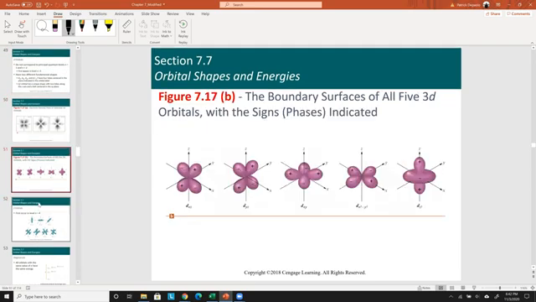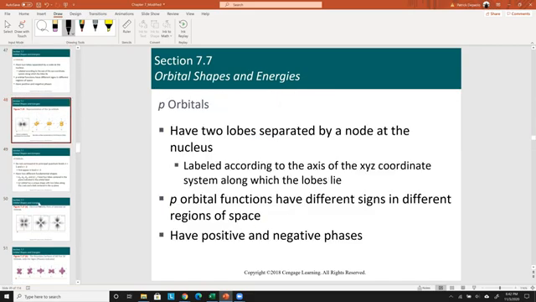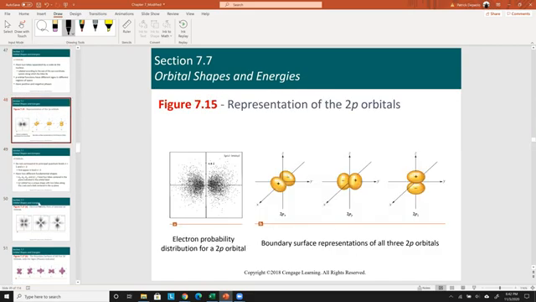I mean, here's a model, right? They don't actually look like balloon animals, but here's what they are. So this is the D orbital. Let's talk about the P. Here we go. So the P orbital, right? It has 6 lobes. So they're like dumbbells, right? Each dumbbell has 2 lobes, a positive one and a negative one.